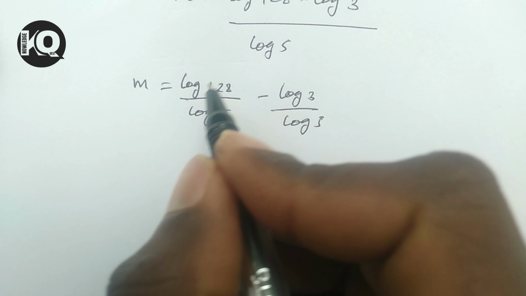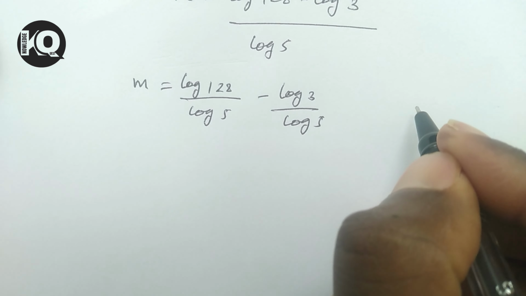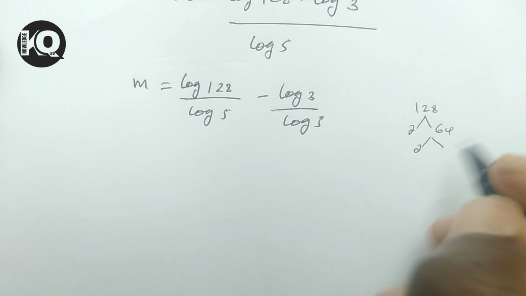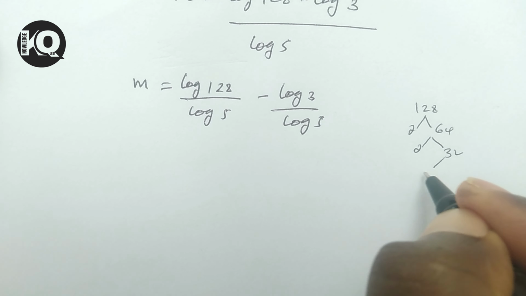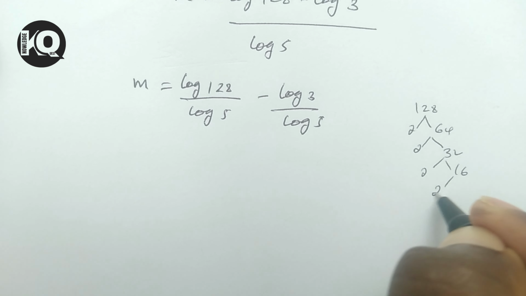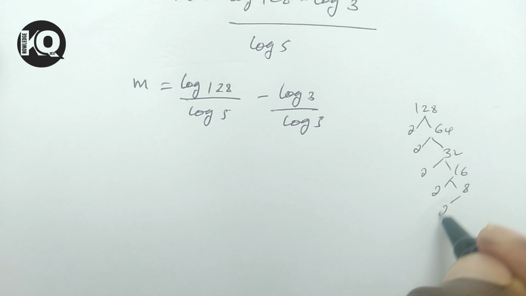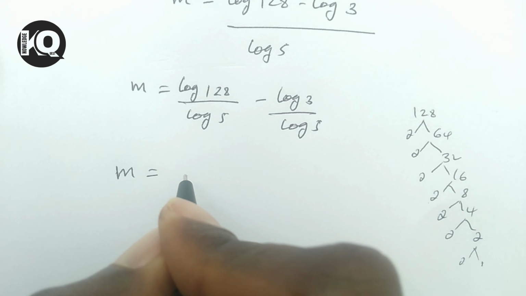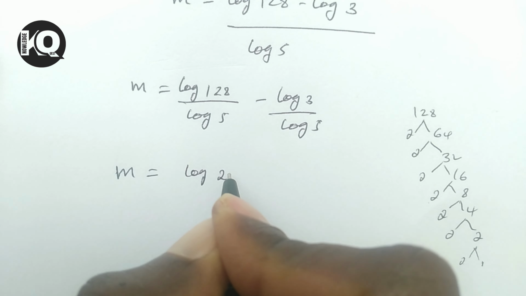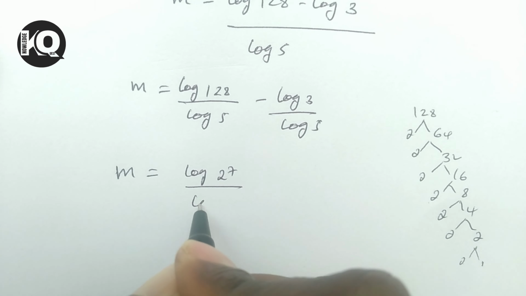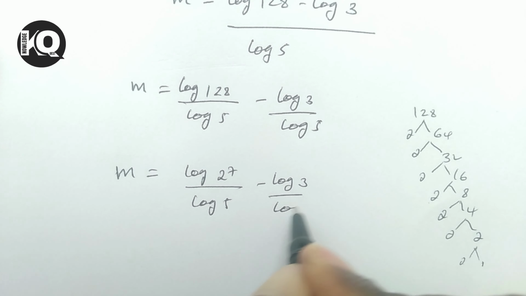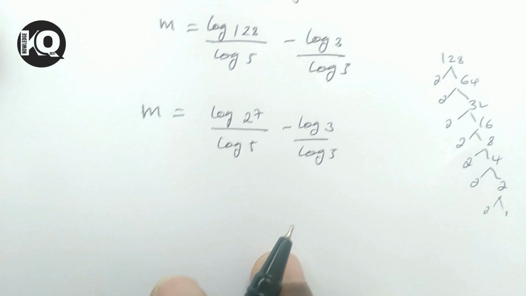So let's factor 128: 128 by 2, 64 by 2, 32 by 2, 16 by 2, 8 by 2, 4 by 2, and so m is equal to log of 2 to the power of 7 divided by log of 5 minus log of 3 divided by log of 5.